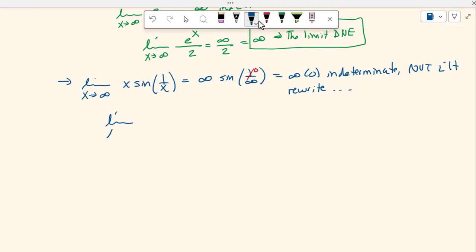One of the tricks for the rewrite is, it's kind of funny, to take this x and then get it into the denominator somehow. So let's think about that. I'm going to have the sine of 1 over x. Where did this x come from? Where could I have flipped it from?